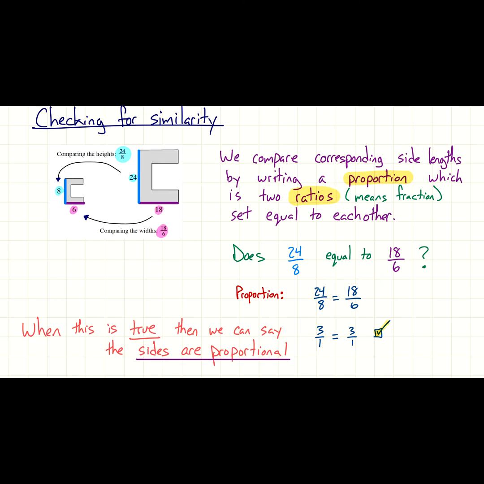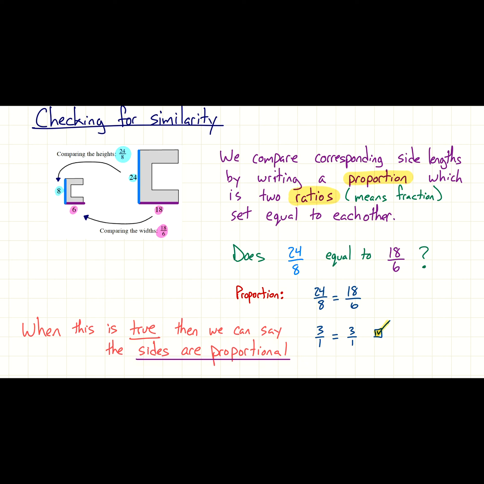And then I'm going to take 18 over 6 and reduce this fraction, and it's going to be 3 over 1. So I notice both of these equal the same thing, hence the check mark. So when this is true, 3 over 1 is equal to 3 over 1, then we could say the sides are proportional.